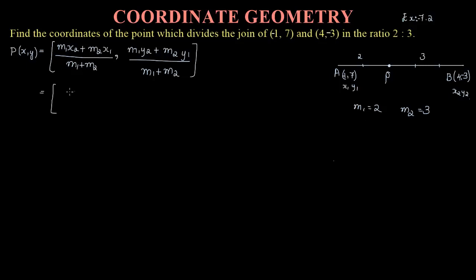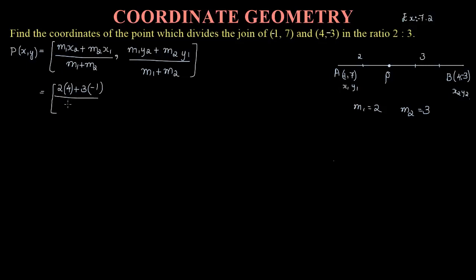So m1 is 2 into x2, how much is x2? 4, plus, then we have m2, how much? 3 into x1. What is x1? It is nothing but -1, right?